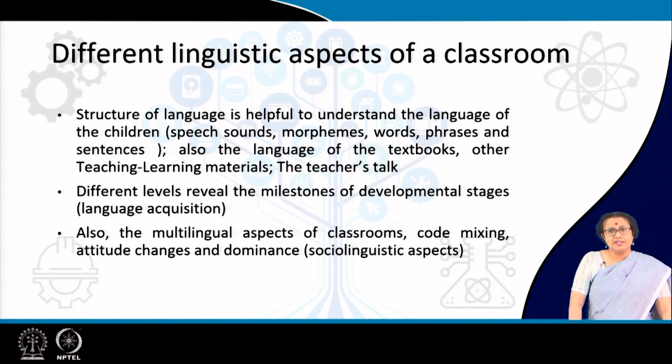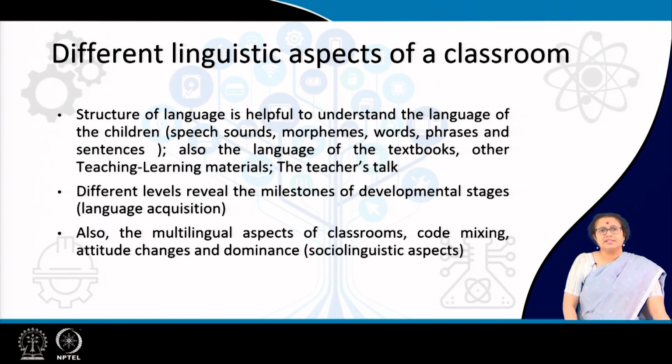And the third one is related to various sociolinguistic factors like the multilingual aspects of classroom. We can also talk about code mixing, which you already know now, attitude changes, whether the children's language is reflected through a negative attitude from the teacher's talk, and certain changes and dominance.